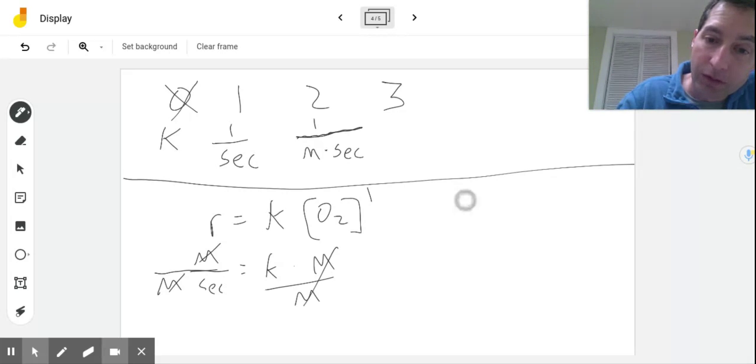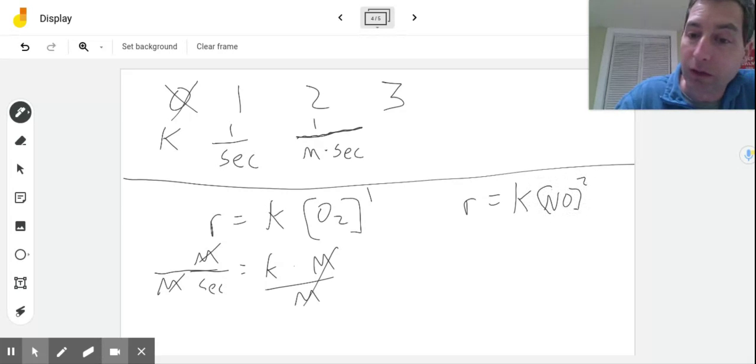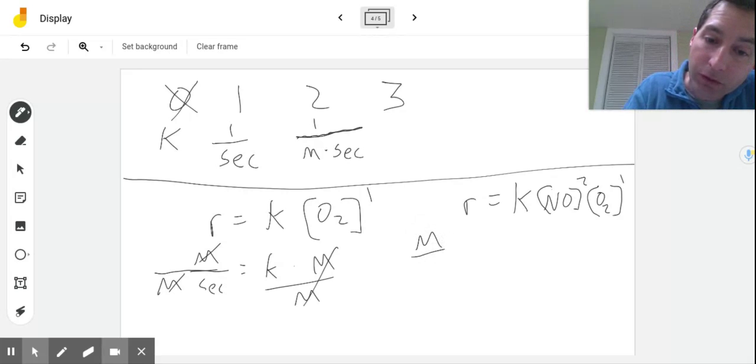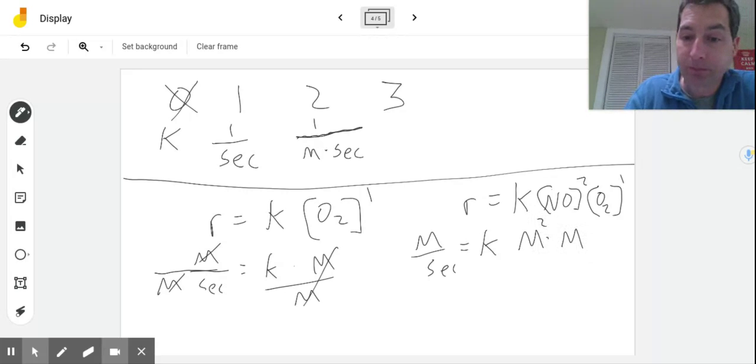If we have third order, let's say we have our NO squared and our O2 to the first. And there's our rate law. 1 and 2 makes 3, third order overall. Now we have molarity per second, and that's equal to K times molarity squared times molarity.